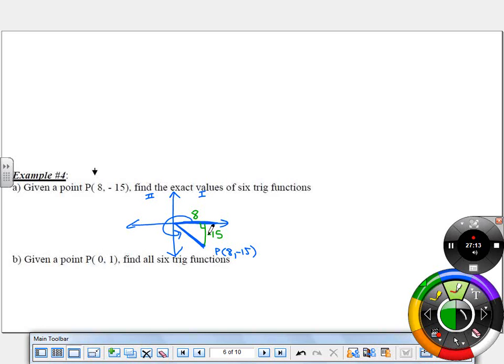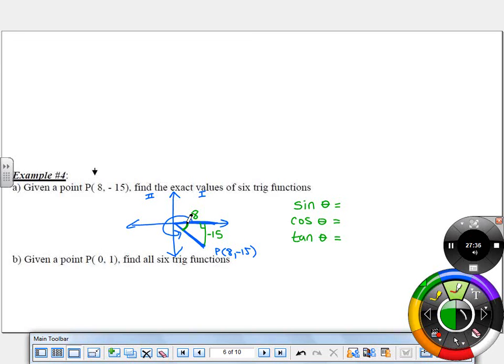So remember, we're finding the value of the 6 trig functions. So we're looking for sine, cosine, and tangent according to the angle that is built by this position. But whether it's this angle, okay, or this angle, like Julia said, how do you really know? You don't. Either way, we'd build the same triangle around that reference angle.